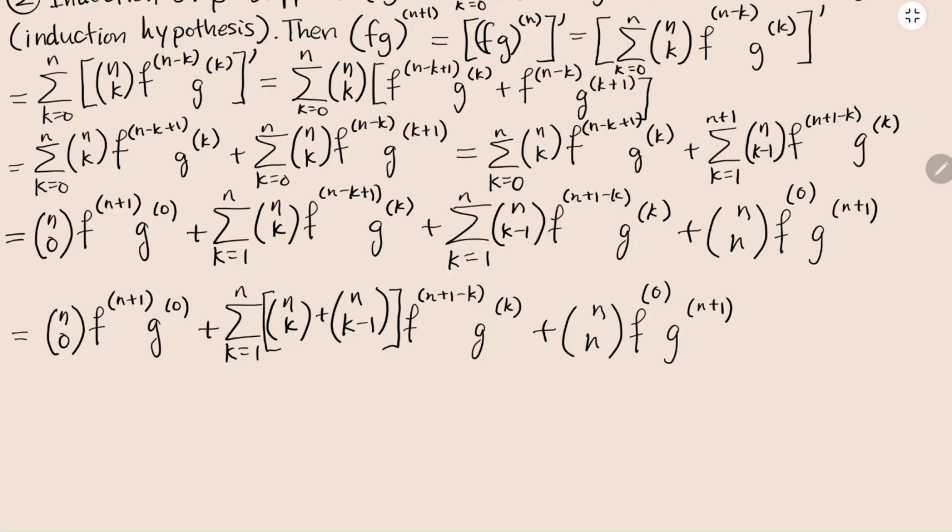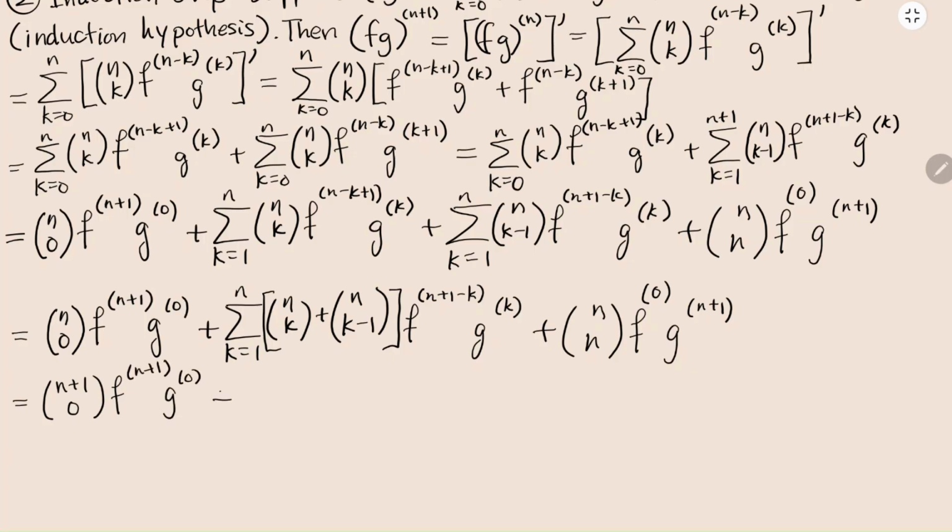All right. Now, once again, n choose 0 is equal to 1, and n choose n is equal to 1. Anything choose 0 is 1, and anything choose itself is 1. So I'm going to make this n plus 1 choose 0, which is still 1.